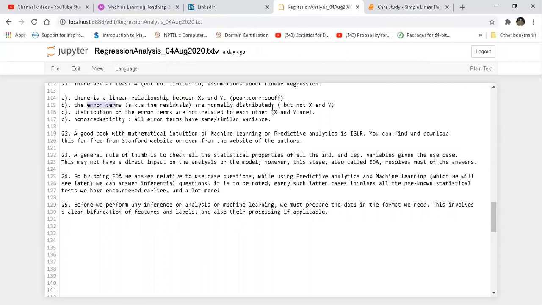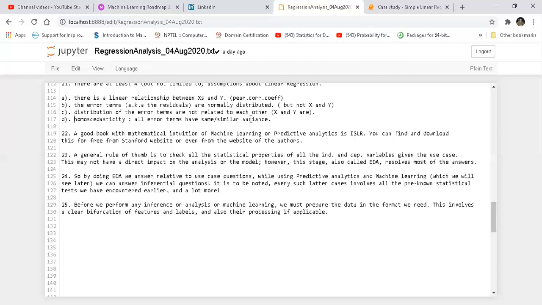Error terms are normally distributed, so I have to find the residuals and see the distribution of the residuals. Now, point C and point D are a little difficult to find out, or we can even try to justify them.